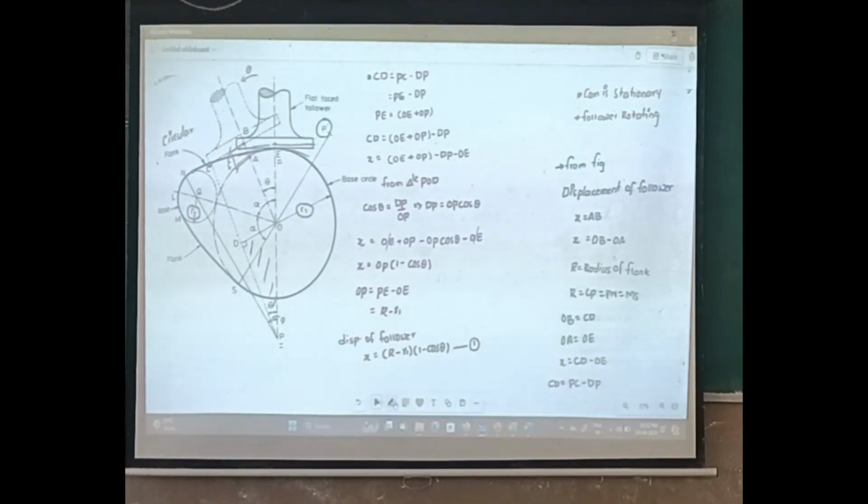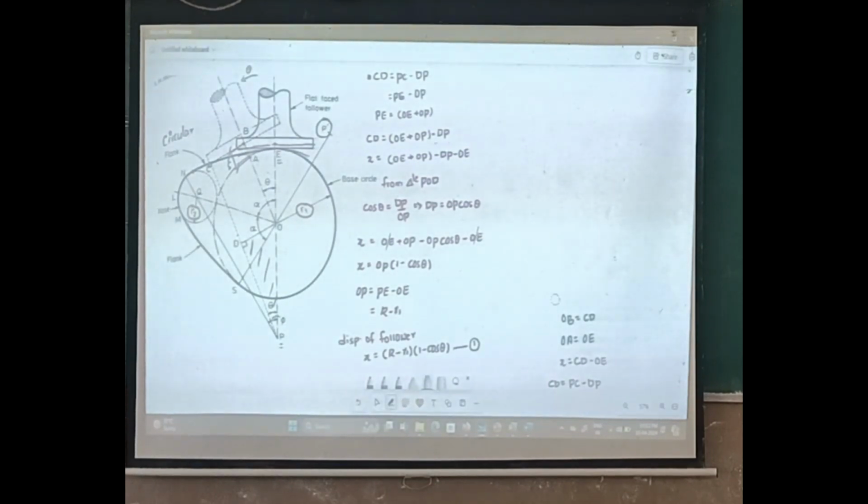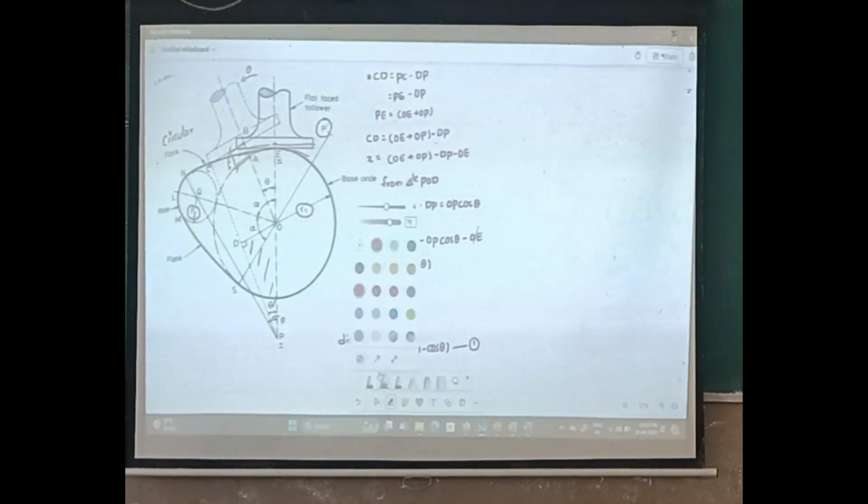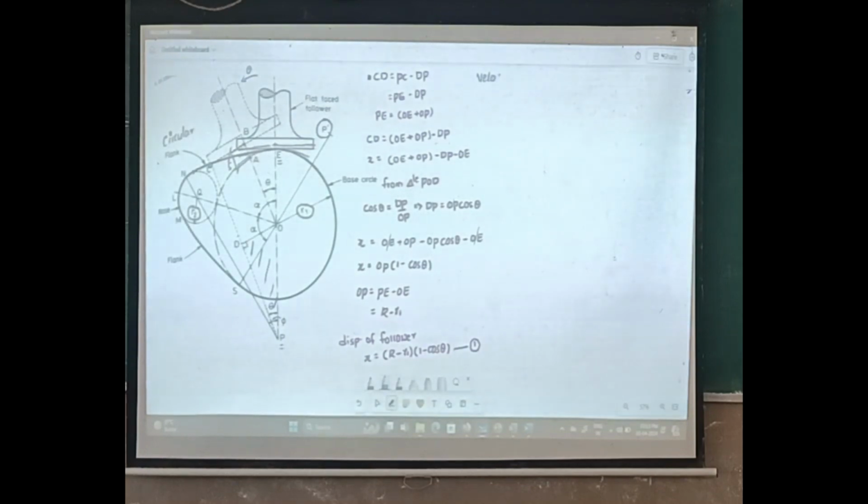Okay, so for that, velocity of follower, that is v, is equal to, velocity is defined as rate of change of displacement with respect to time, that is dx by dt.